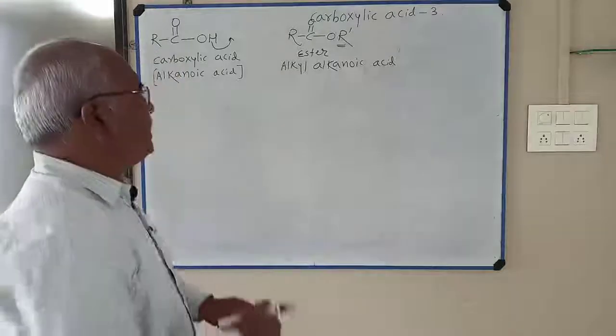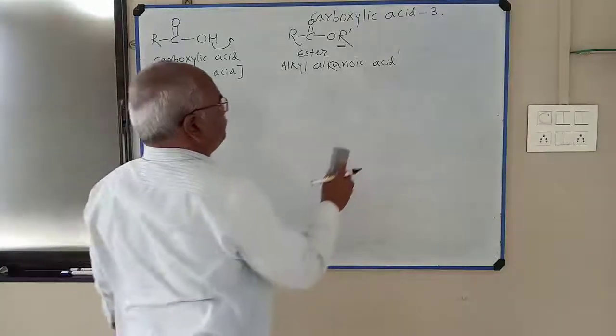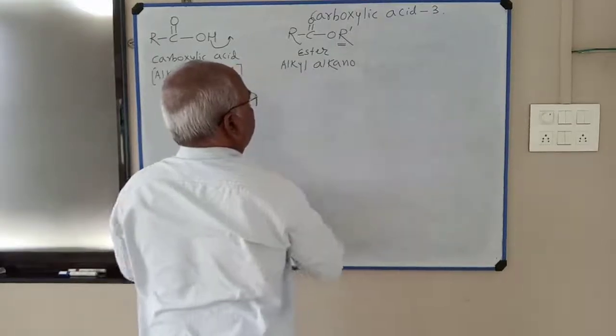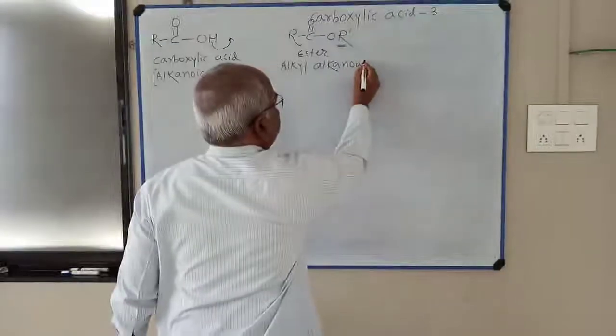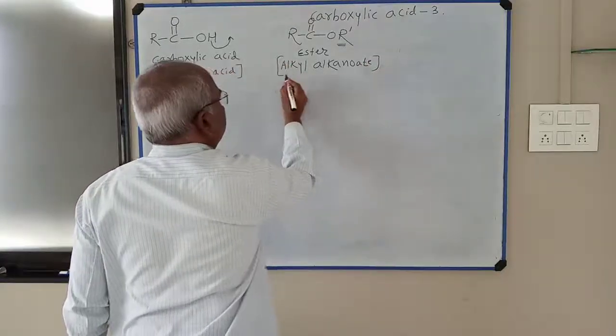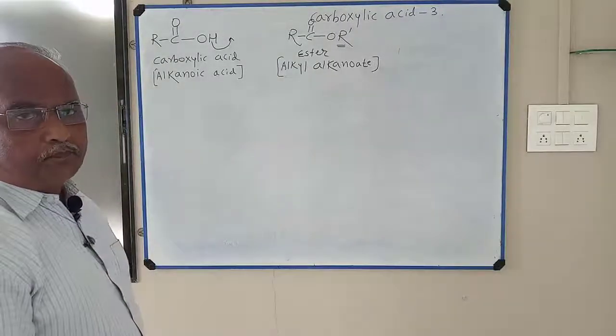While writing the IUPAC name, you remove ic acid and replace it by ATE. Alkyl alkanoate is the IUPAC name of this ester.